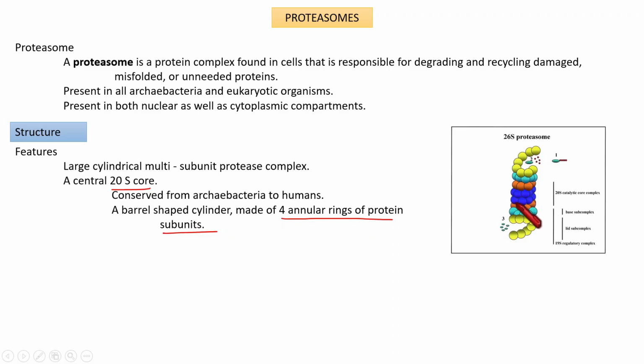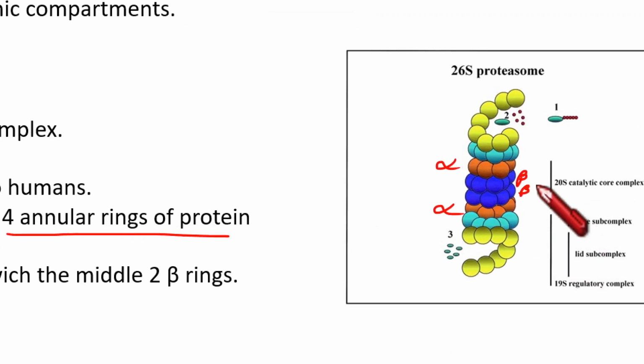In each ring, we can see so many proteins. Then at both ends we can see one red ring. Those red rings are called alpha rings, and they are sandwiching the beta rings, the blue color. Beta ring, I hope it's clear.